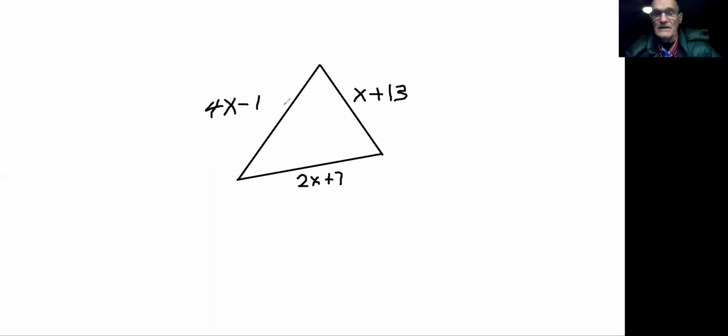So, as the triangular inequality theorem says, if I add any two sides, so I'll add these two sides here. So I get 4x plus x, which is 5x. And I add 13 minus 1, which is 12. So that's plus 12.